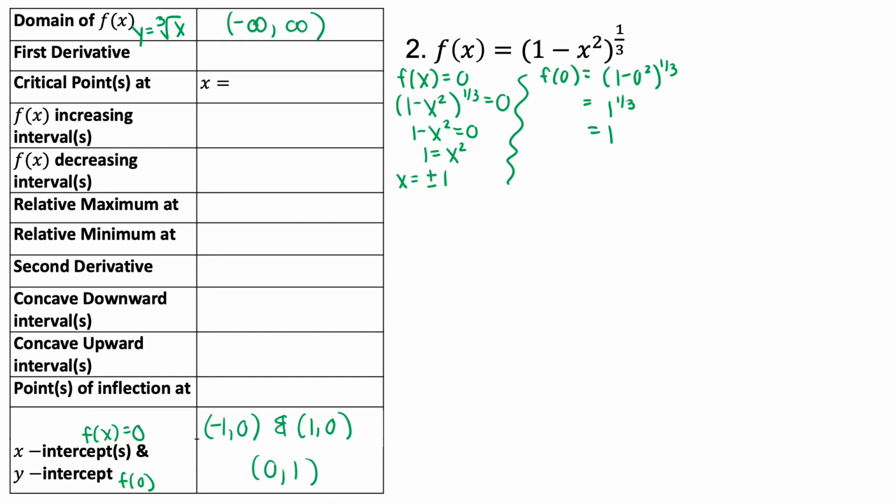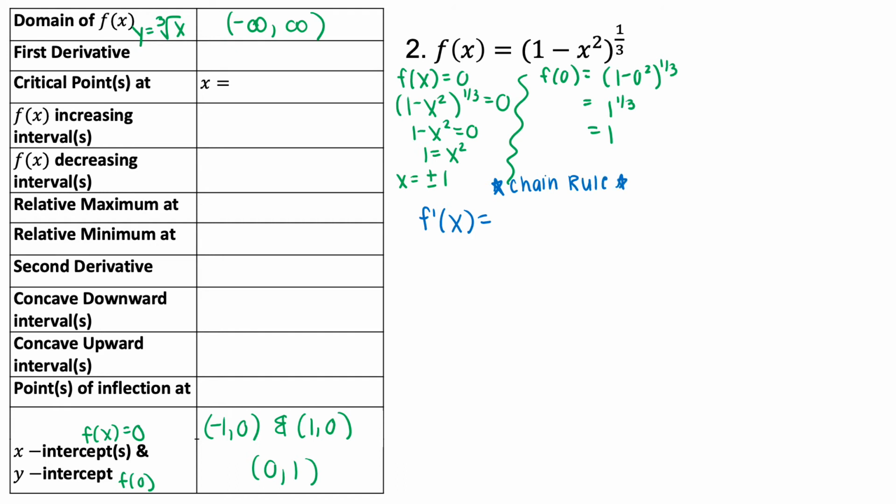So from here, we want to go ahead and take our derivative. To find our first derivative f prime of x, hopefully you recognize our original function f of x has an inside function, 1 minus x squared, and an outside function, something to the 1/3 power, which means in order to take this derivative, we need to bring back the chain rule.